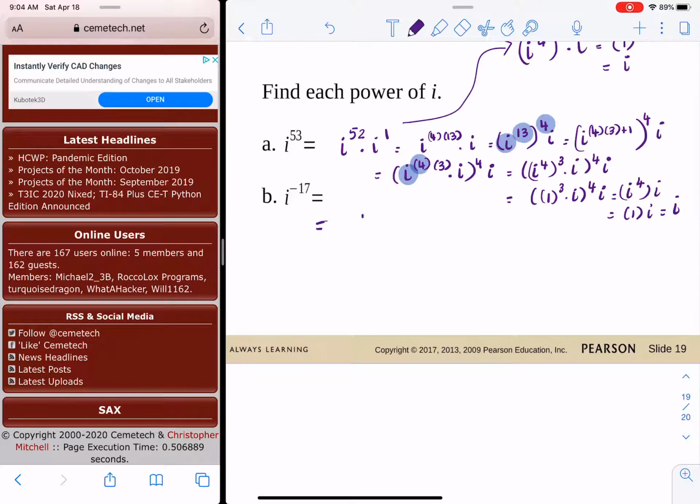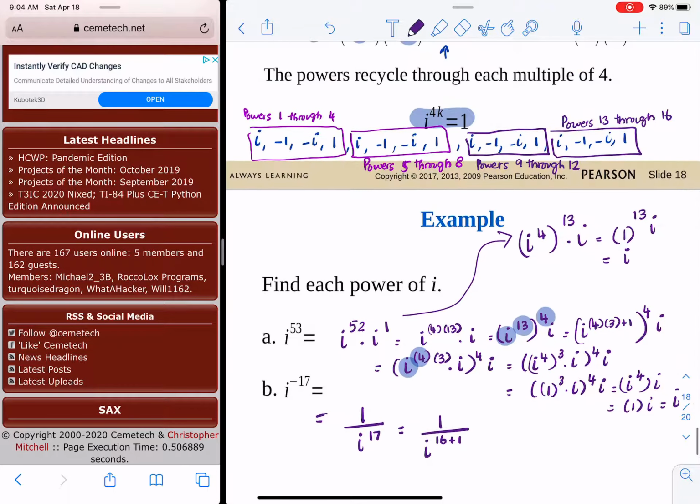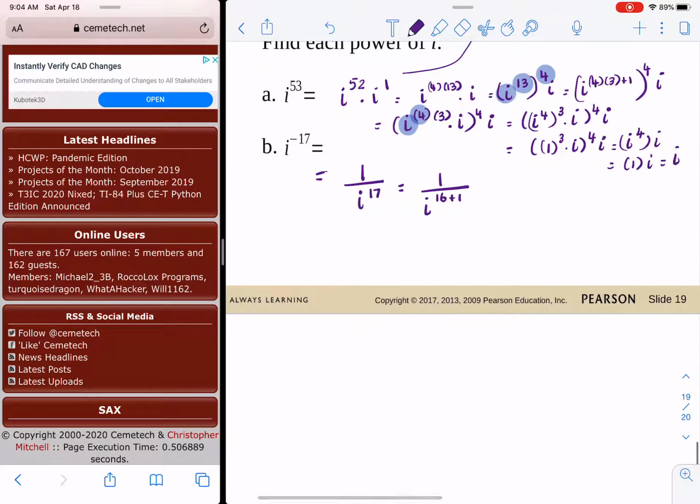To use that, I'm going to rewrite i raised negative 17 as 1 over i raised 17, which would equal 1 over i raised 16 plus 1. You may ask me, why is he writing it as 16 plus 1? I'm doing so because 16 is a multiple of 4. If I have a multiple of 4, I can go back to the patterns over there and pick an answer easily.